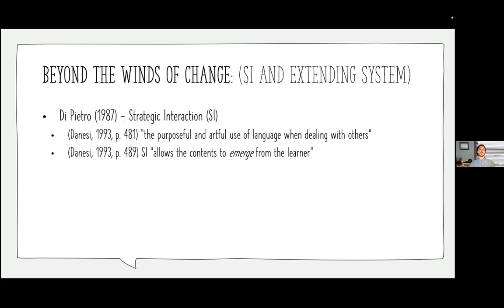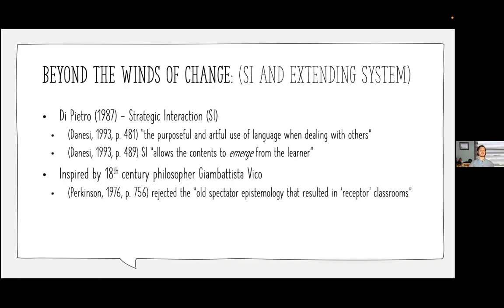So we're going to look at SI, strategic interaction, and through this, we're going to extend our idea of system. So strategic interaction was developed by DiPietro, and it's the purposeful and artful use of language when dealing with others, allows the contents to emerge from the learner. It's exactly what we're talking about with design.